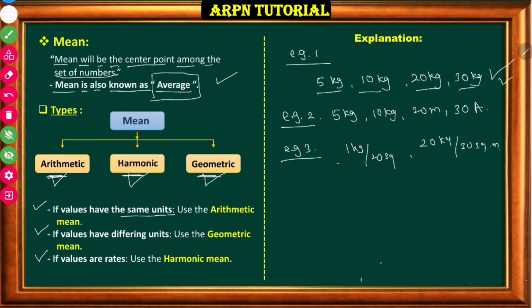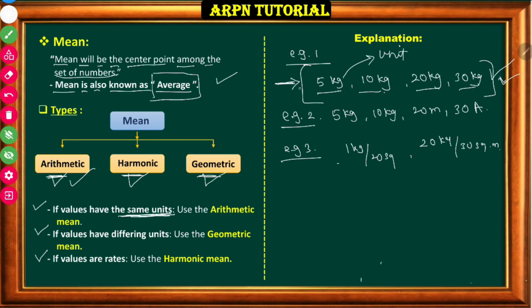I want to find out the average of them. In this scenario you have to use the arithmetic mean. Why? Because if you can see here, this is a complete set where all entities have the same unit, kg, kg, kg and kg.